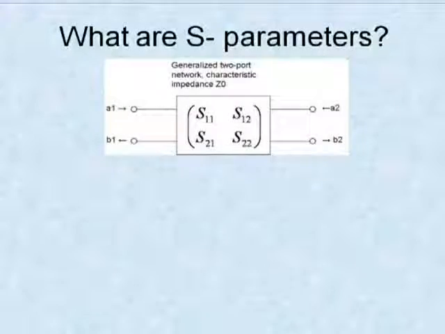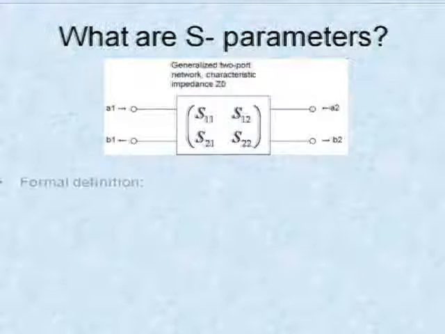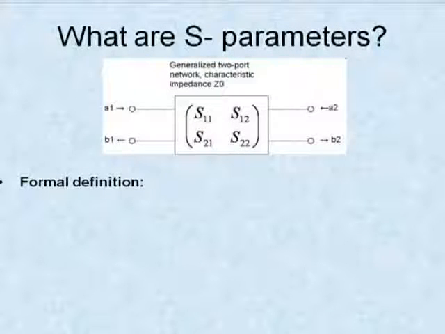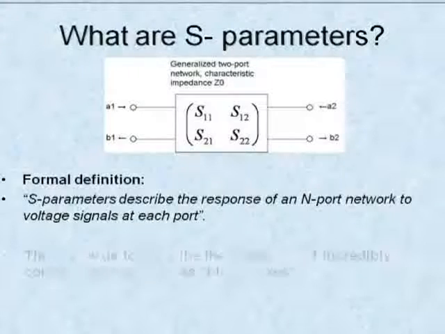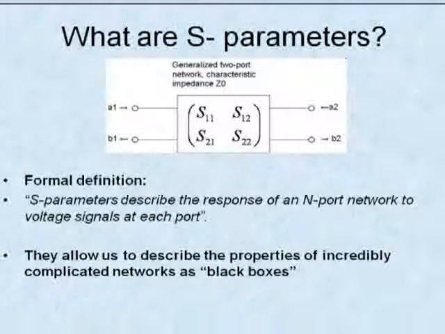Right, so what are S parameters? S parameters are a very, very useful tool. We'll start off with the formal definition first. They describe the response of an N-port network to voltage signals at each port. Now at this point I think you're probably thinking, that sounds boring, but they're actually incredibly useful and very clever.